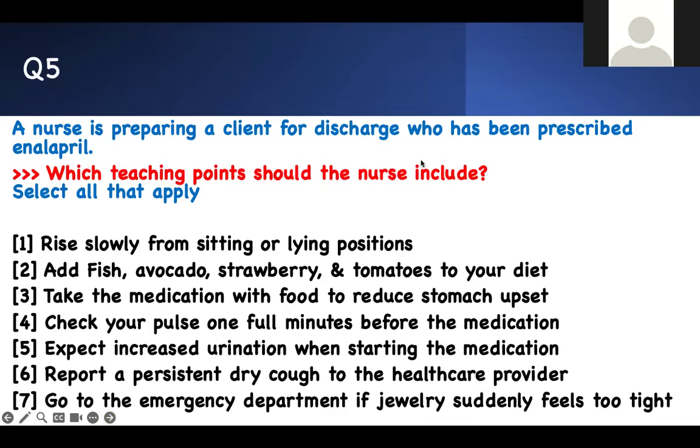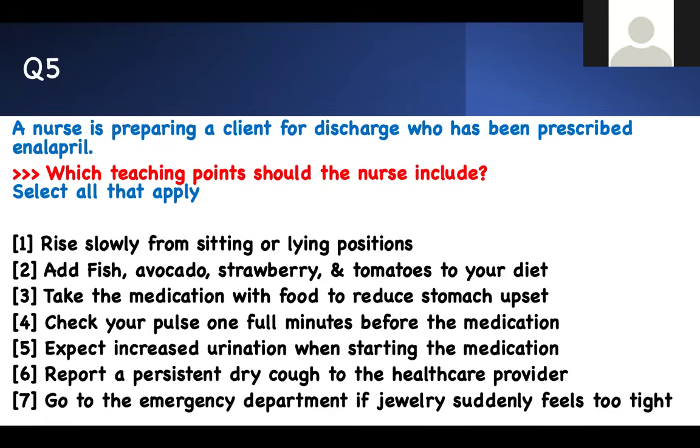Next medication. A nurse is preparing a client for discharge who has been prescribed Enalapril. We've seen it, Lisinopril. The same thing. The class of medication is the most important, not the name. So if you know the class, start with the pril, and you know that they are all what? ACE inhibitors, then that's the key aspect of the thing. The side effect does not matter.